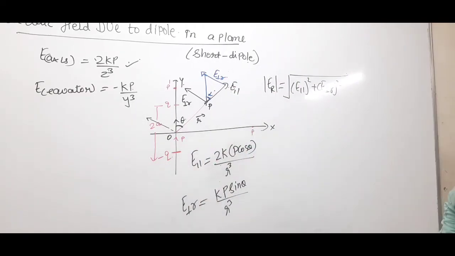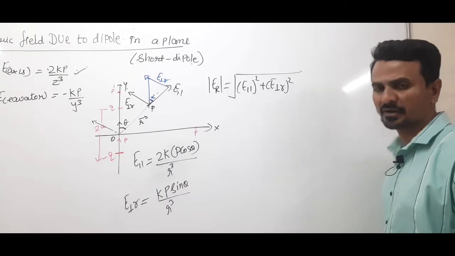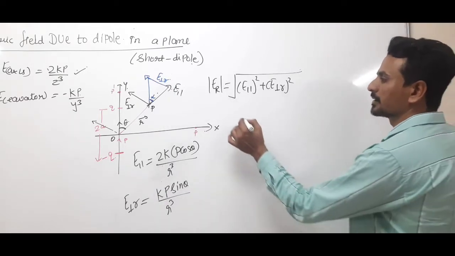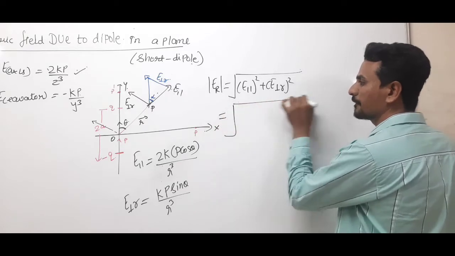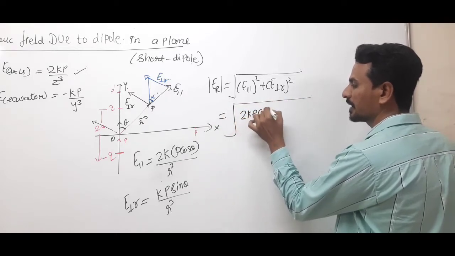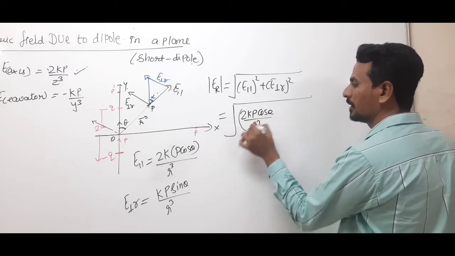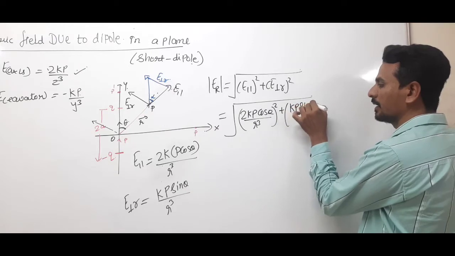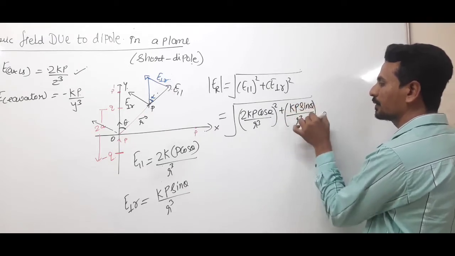Even though this topic is not given in your NCERT textbook, this will be equal to the root of the parallel component, 2kp cos theta divided by r cube, the whole square, plus kp sin theta upon r cube, the whole square.